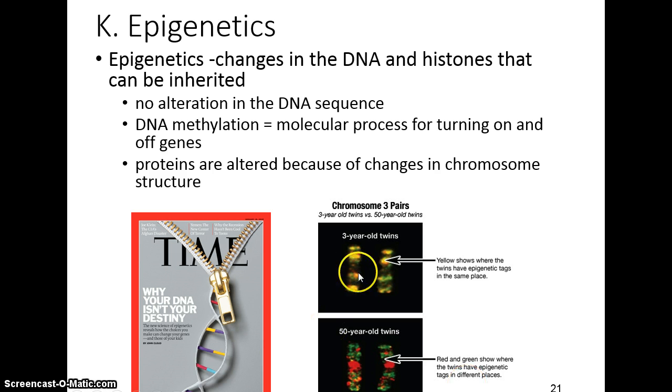You can see this in identical twins. They have the exact same DNA. When they're 3 years old, all the DNA is basically being used the same, but by the time they're 50, you see stark differences, shown in the different colors in the chromosomes, in how the DNA is being used, and that's because of the epigenome.